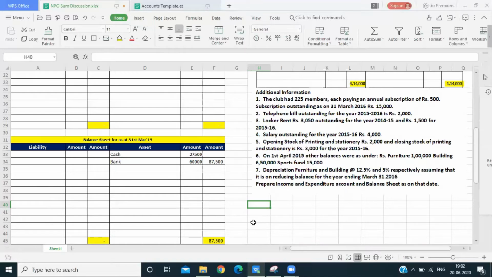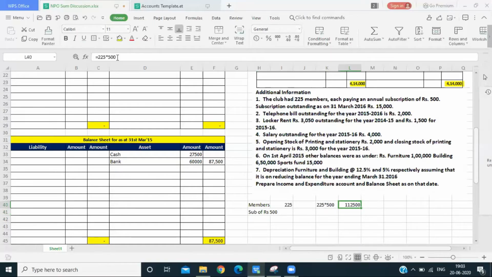There are 225 members in total, and each will be paying an annual subscription of rupees 500, sorry, not 50, it's 500. So 225 into 500.